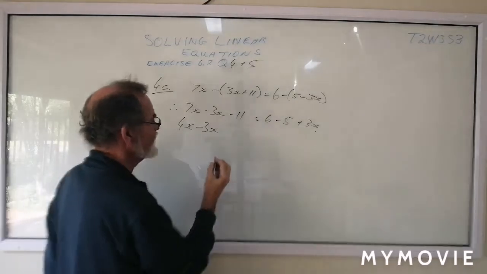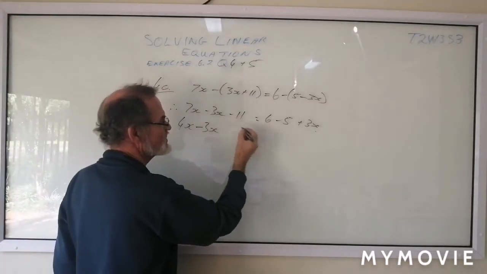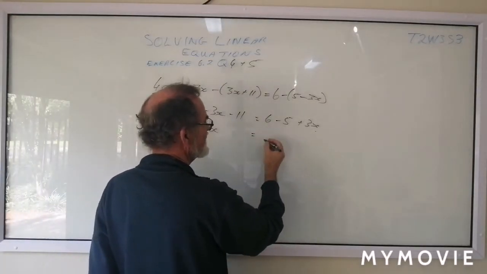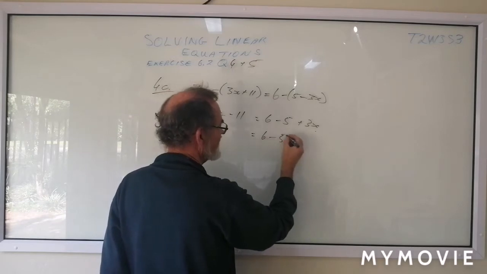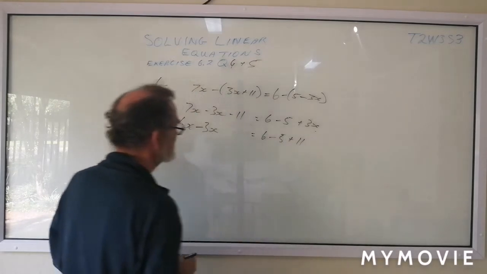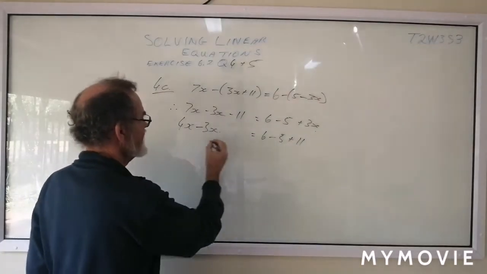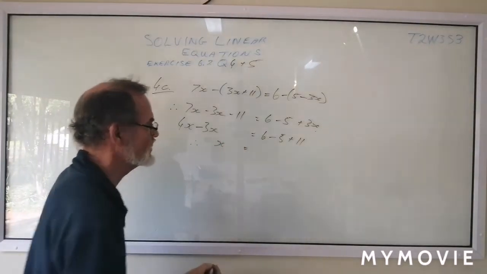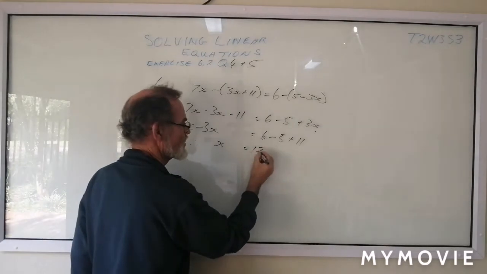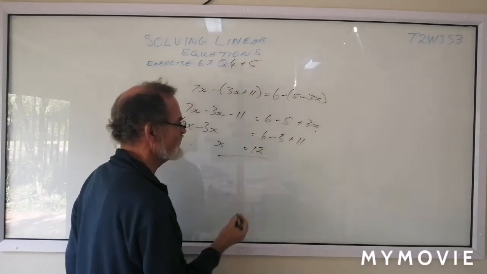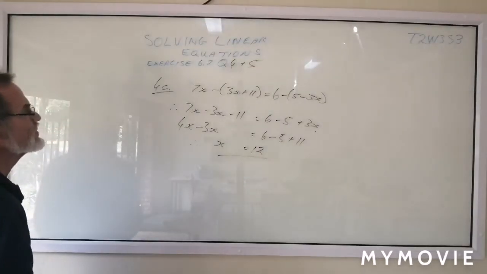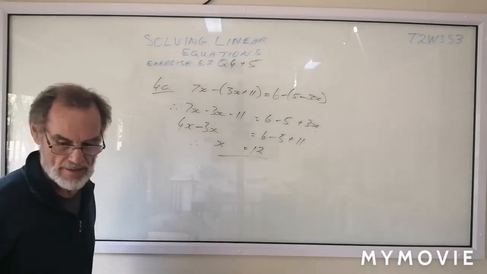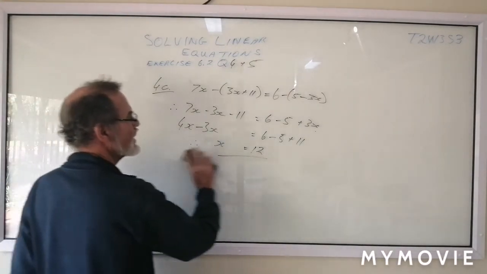And here we're going to add 11 to both sides, so we get 6 minus 5 plus 11. And this becomes x. Therefore, x is equal to 12. 6 minus 5 is 1, plus 11 is 12. Nothing new there really.